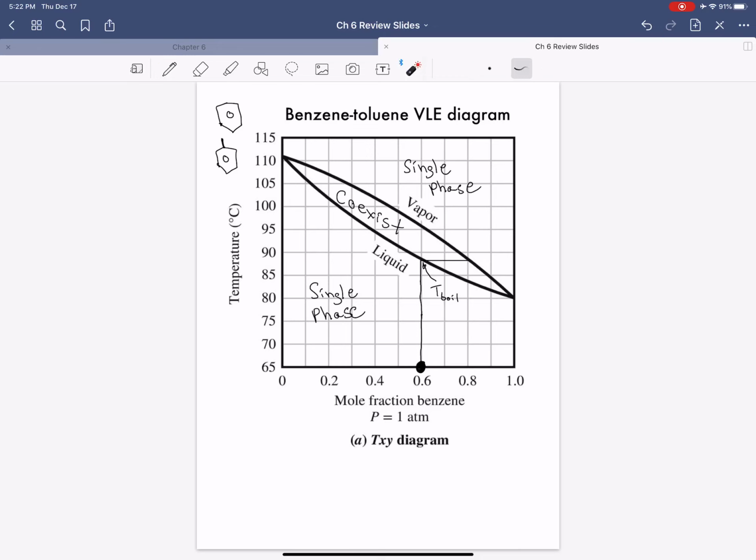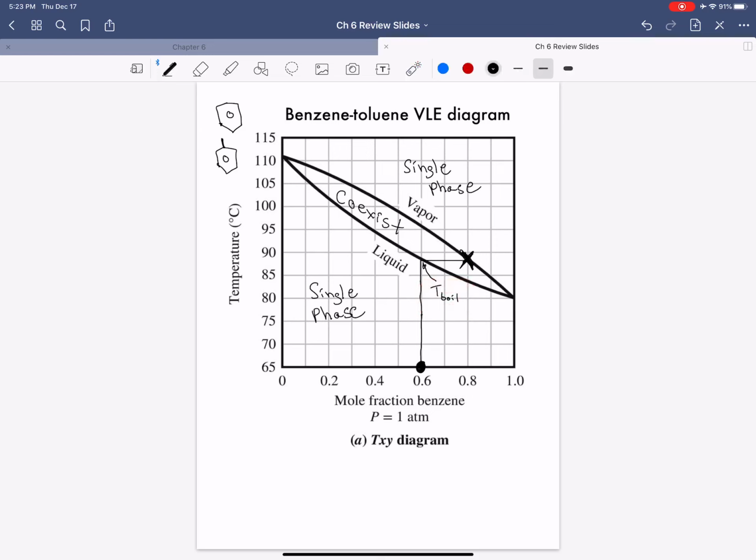And so by using this phase diagram, we could figure out what that vapor composition is going to be. Okay? And so even though our liquid mixture had a mole fraction of only 0.6 of benzene, our vapor phase is now enriched in benzene. It's now that mole fraction in the vapor phase is higher. Okay? And so that's what happens when we boil.